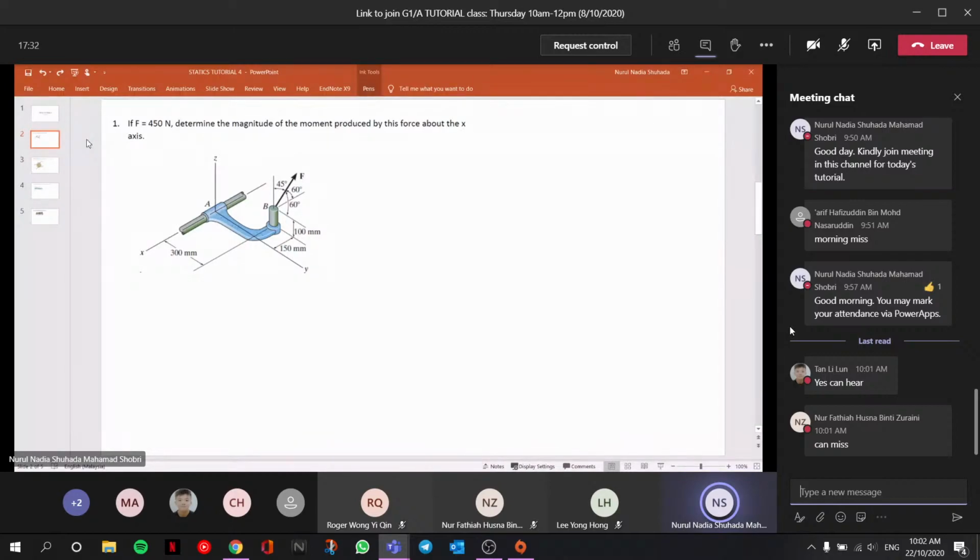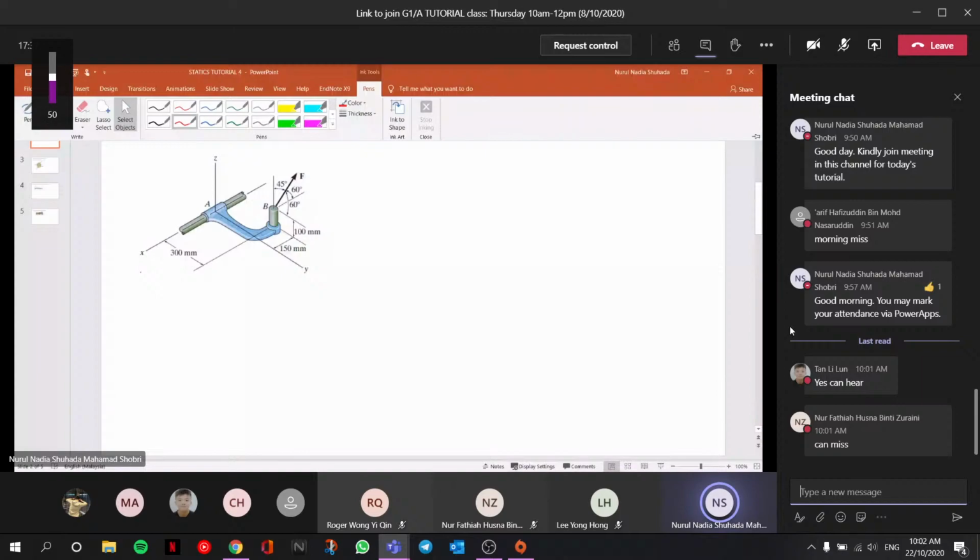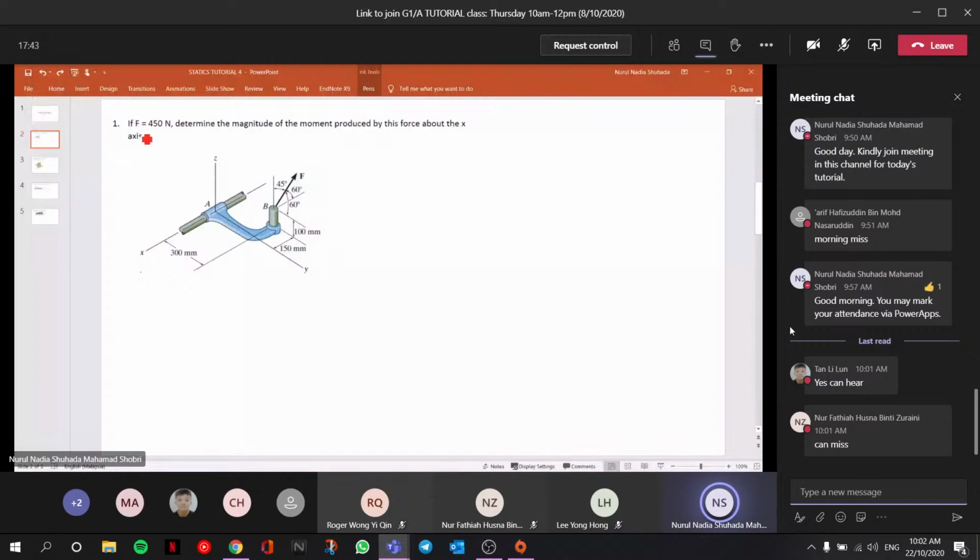For today's tutorial, we will cover questions from the second part of chapter 4. For question number 1, you can see that the force is already given as 450 Newton, which is here.